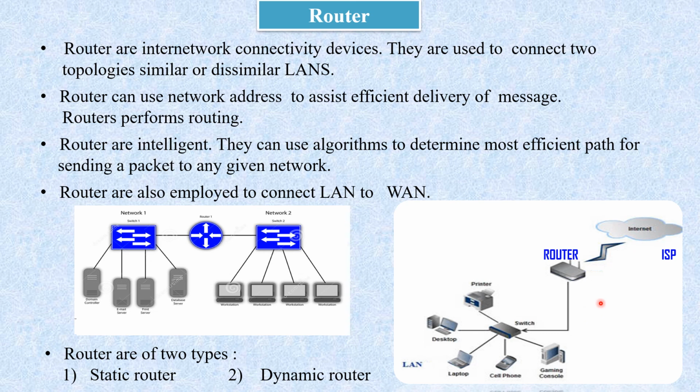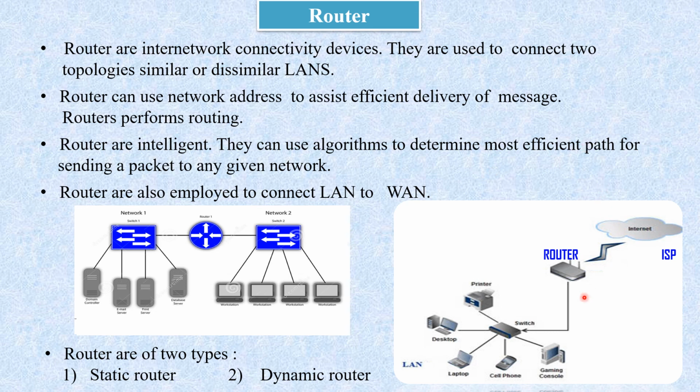Let us assume that our router has two interfaces. One interface is going to connect to our network, which is placed in our campus, and the other interface is going to the router of the internet service provider. On one side it connects to our local area network, and on the other side to the ISP network.